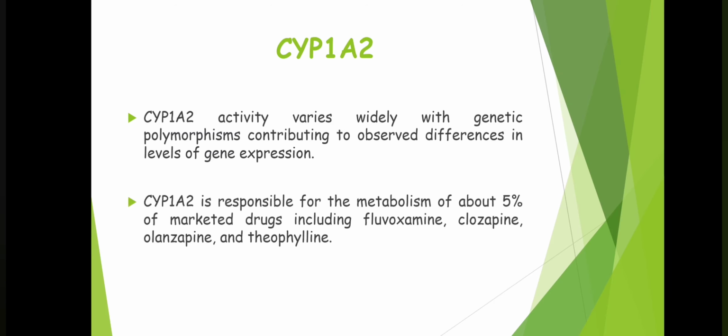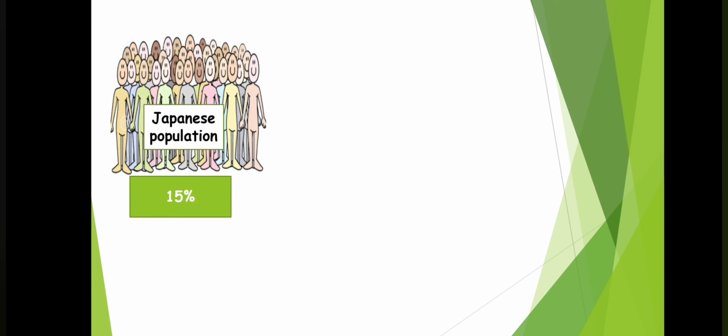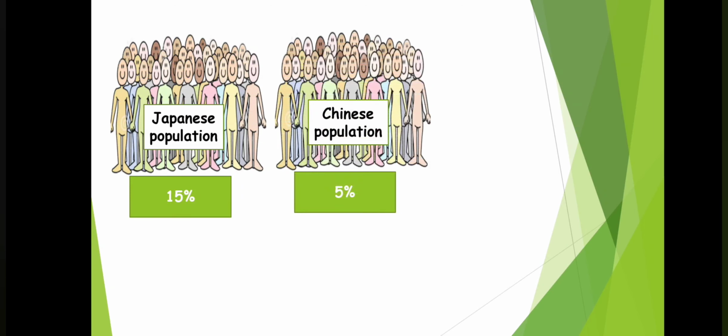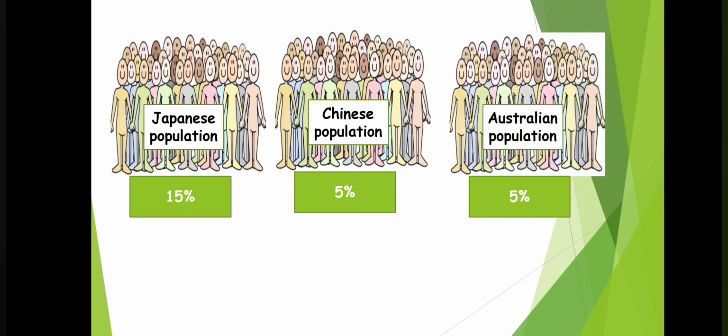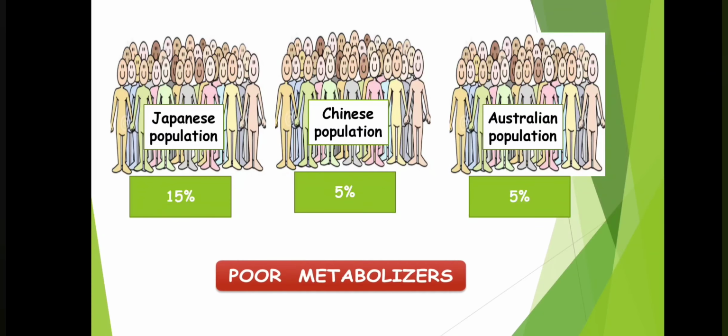CYP1A2 is responsible for the metabolism of about 5% of marketed drugs including fluvoxamine, clozapine, olanzapine and theophylline. Approximately 15% of the Japanese population, 5% of the Chinese population and 5% of the Australian population are classified as CYP1A2 poor metabolizers.